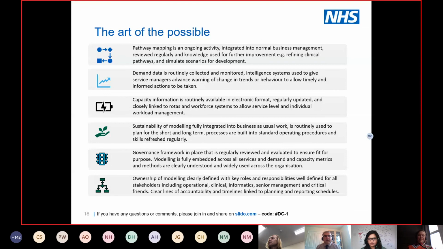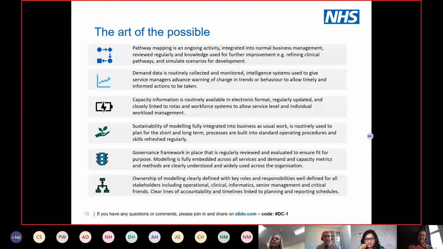But to get to that place of having a really robust series of models and processes, this will be available routinely, regularly updated, closely linked to rotas, work plans, and workforce systems to allow management of workload and capacity at both the service level and the individual level.